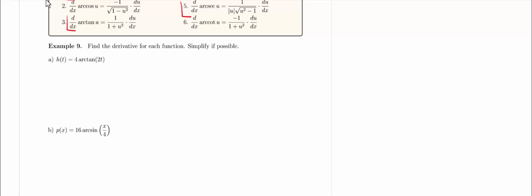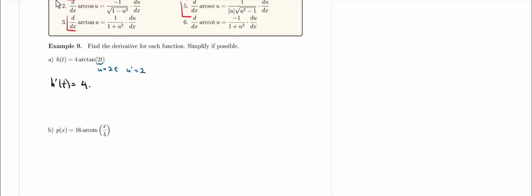Okay, so if I want to go ahead and find the derivative, let's see what we're going to get. So we have a 4 that's a constant, so we're going to have here 4 times the derivative of the arctangent of 2t. Now this 2t is going to be representing our u. So the derivative of u, or u prime, is going to be equal to 2. Alright, now which one was the derivative of the arctangent?